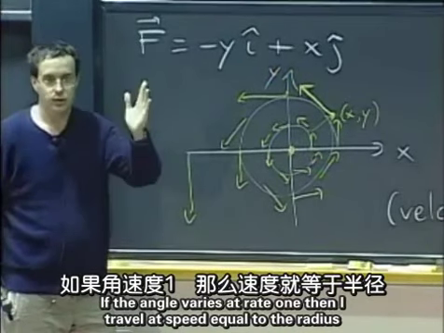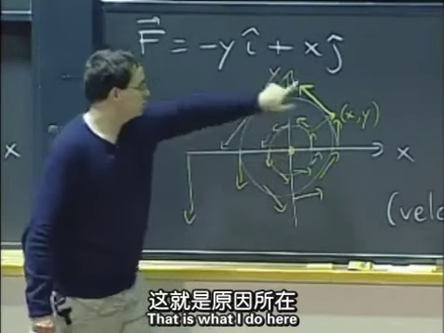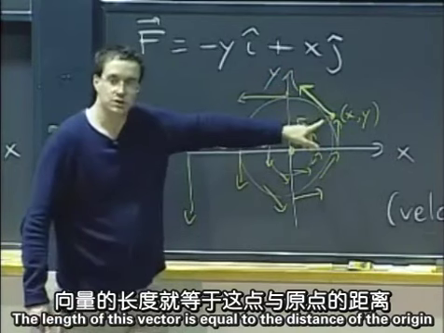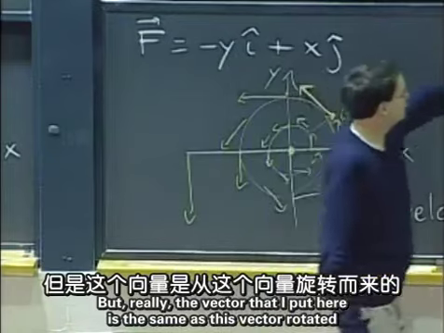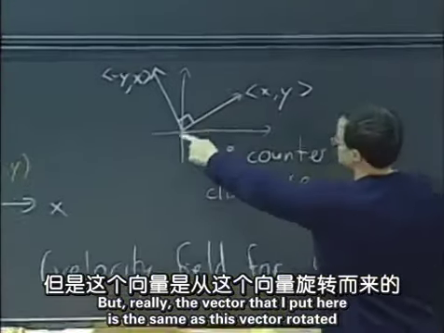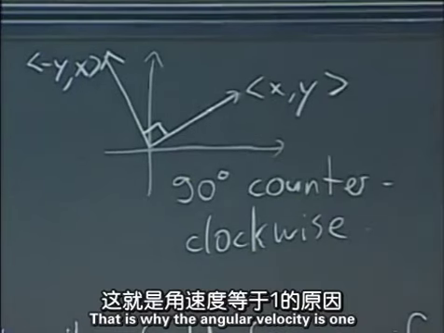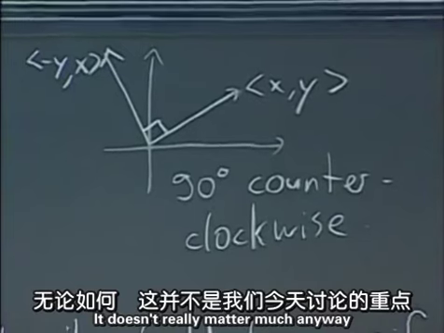So if the angle varies at rate 1, then I travel at speed equal to the radius, and that's what I do here. The length of this vector is equal to the distance from the origin. It's not obvious in the picture, but the vector that I put here is the same as this vector rotated, so it has the same length. So that's why the angular velocity is 1. It doesn't really matter much anyway.